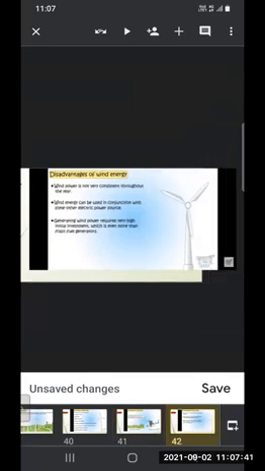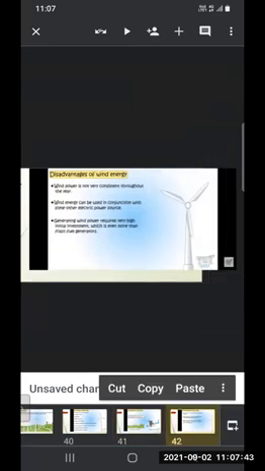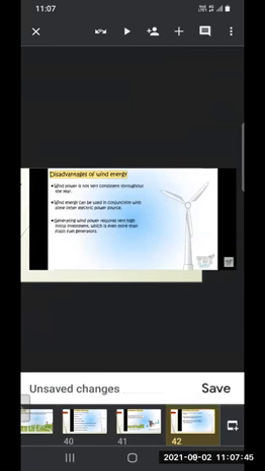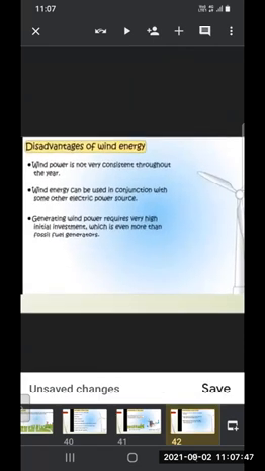What are the disadvantages? Wind power is not very consistent throughout the year. Okay, the consistency of wind is not the same throughout the year. Wind energy can be used in conjunction with some other electric power source.